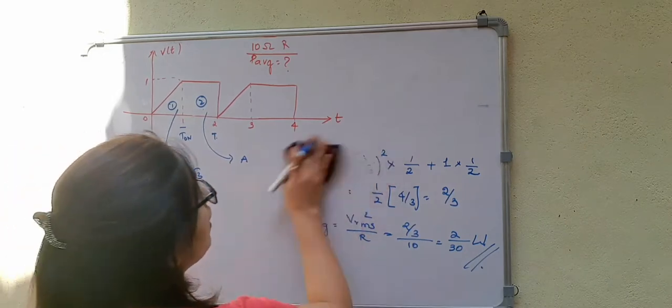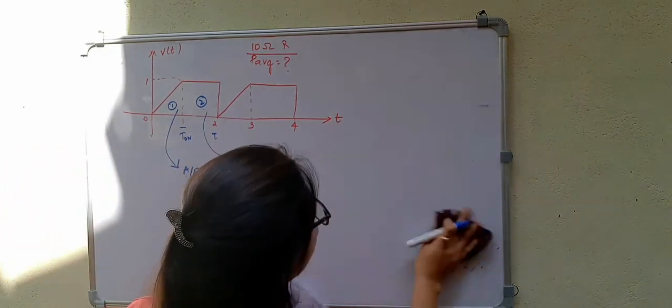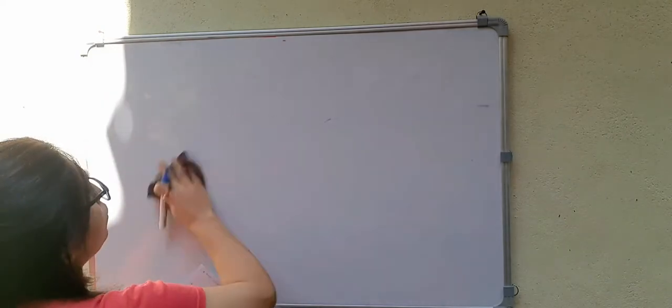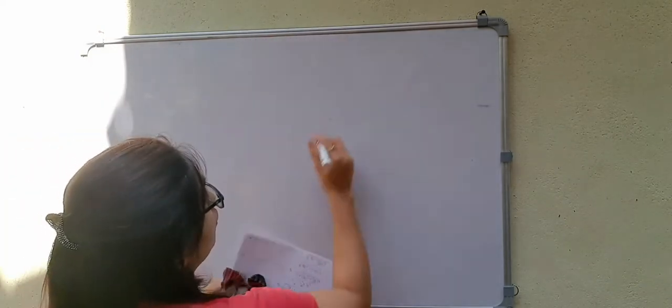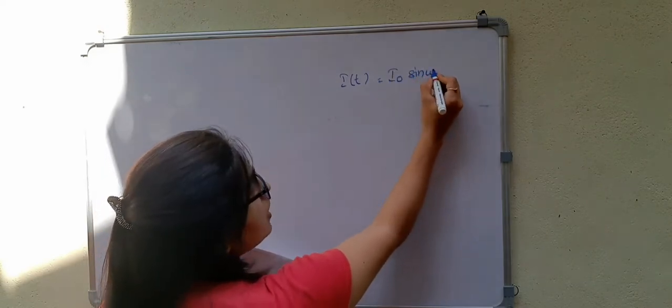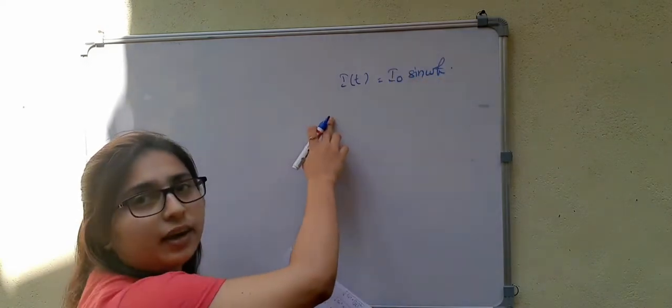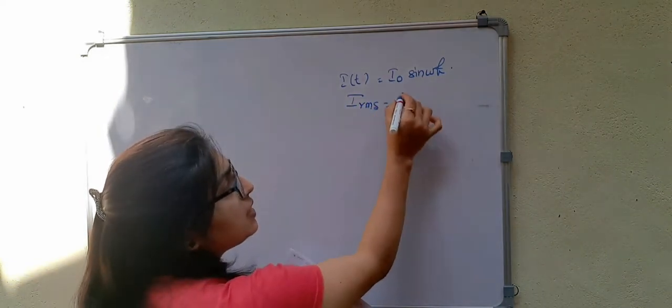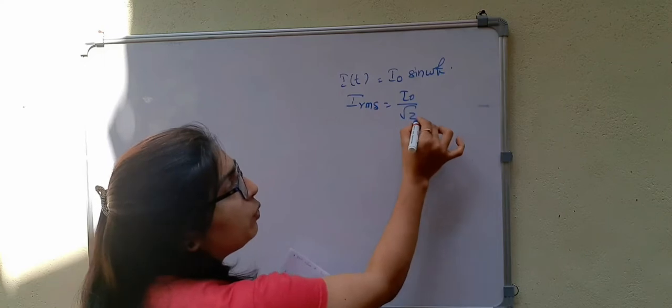Similarly, if I get some equations for the current, if I of t is equal to I naught sine omega t, what is the RMS value of this current? Then we can consider this as I RMS, which is equal to I naught by square root 2.